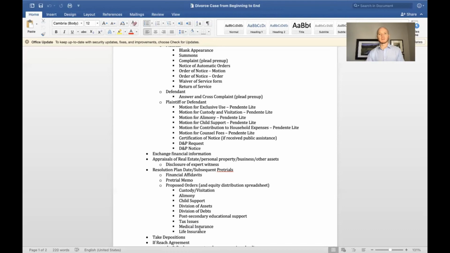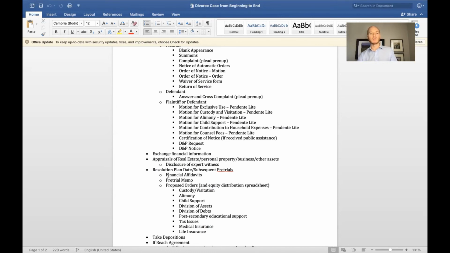If a spouse is receiving alimony from the other spouse, they're relying on that alimony for financial support, whether long-term or short-term. And if the alimony obligor, the person paying alimony, dies, the person who is receiving it is kind of out of luck. So that's why we need a life insurance provision in place to insure the alimony.